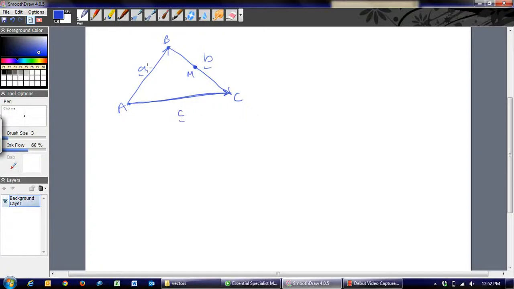In actual fact, you've defined too many vectors. You don't need all three of these. Why? Because you can just write c as being equal to a plus b. Can you see how c is a waste of time? You've introduced too many variables, and it just confuses the issue.